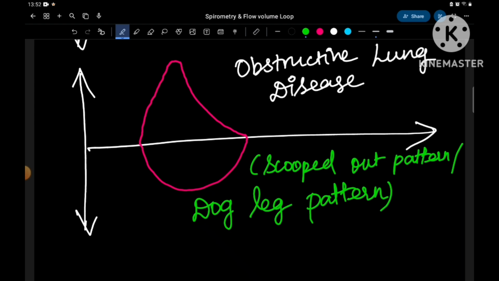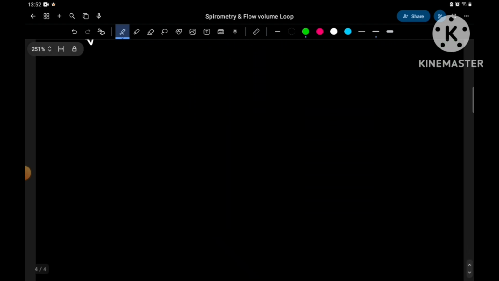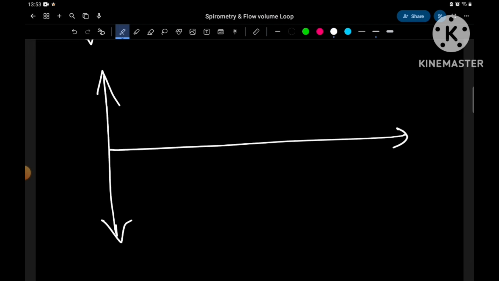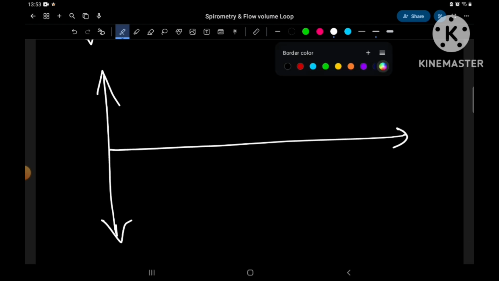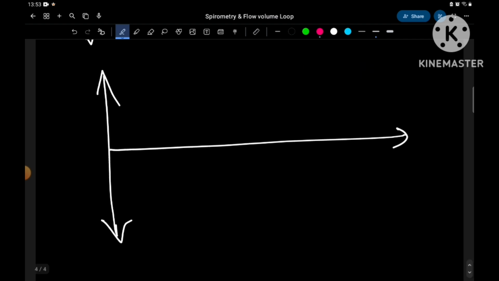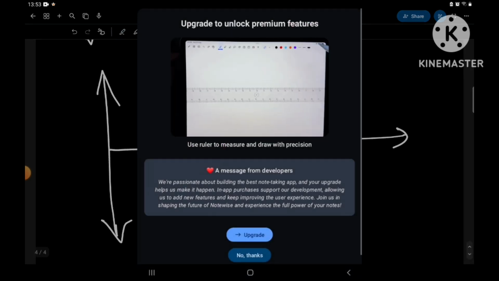Right? So the next one, what you are going to see, again you are going to draw. But now what happens is, okay, I just take this color. See here, the expiration seems to be normal and even the inspiration is normal. But what abnormality is here?